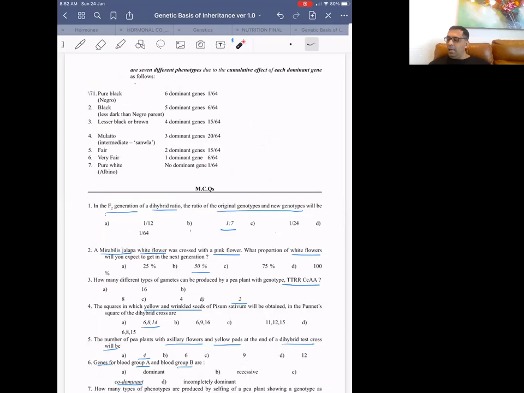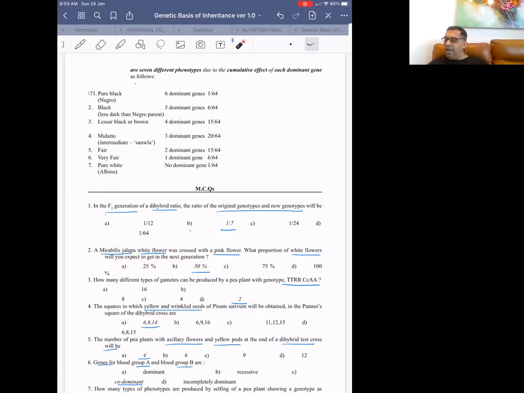Next question. In a Mirabilis flower, Mirabilis jalapa, a white flower is crossed with a pink flower. What proportion of white flowers will we expect to get in the next generation? If you remember, Mirabilis is a case of incomplete dominance.